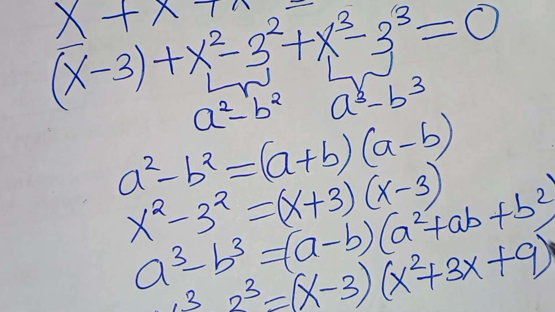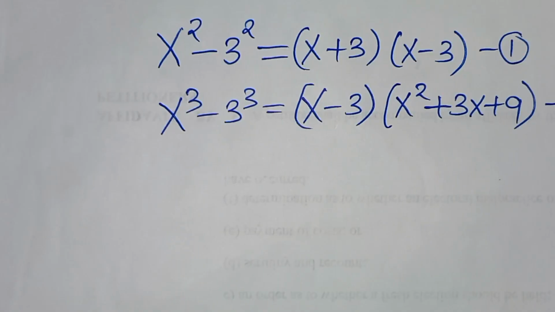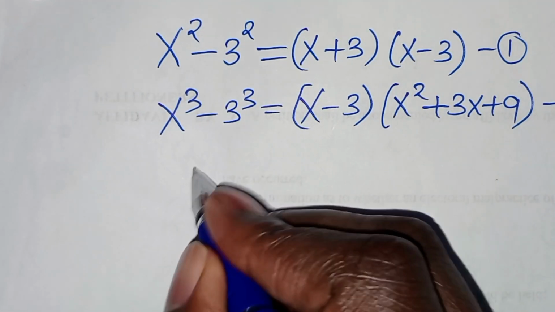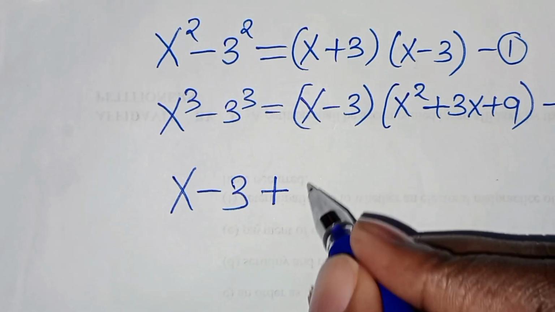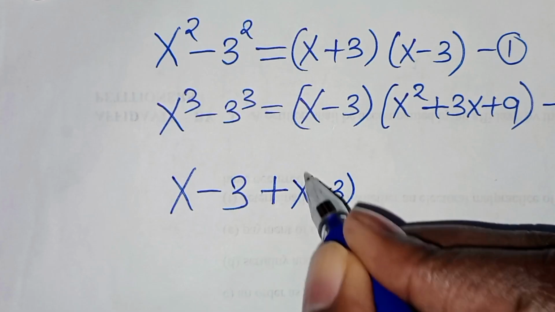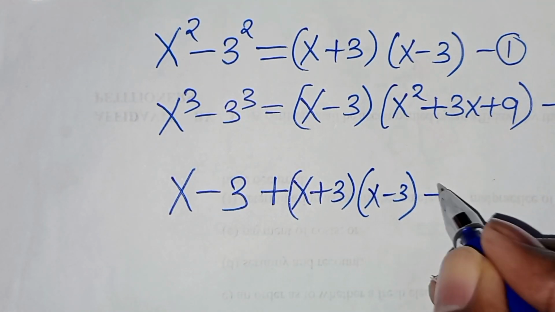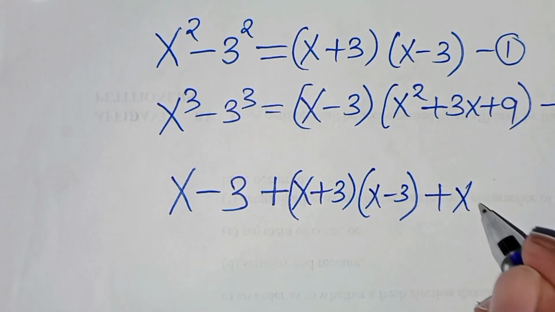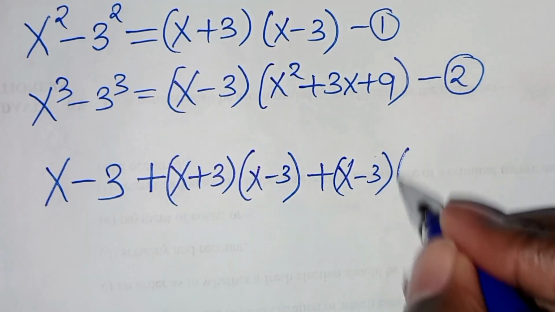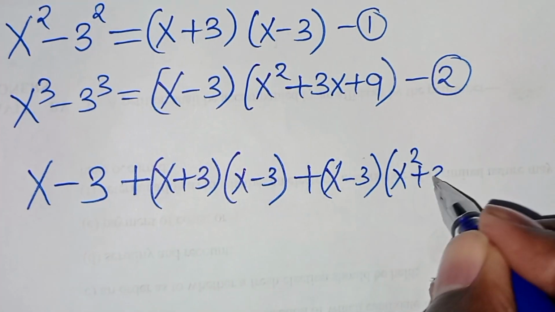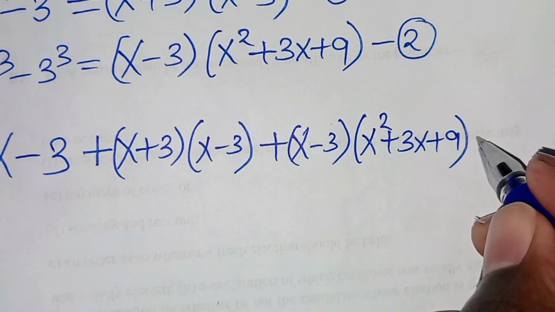So let's combine these two equations here. We have x minus 3, plus x minus 3 times x plus 3, plus x minus 3 times x squared plus 3x plus 9, equal to 0.